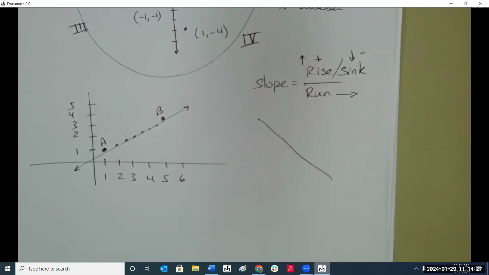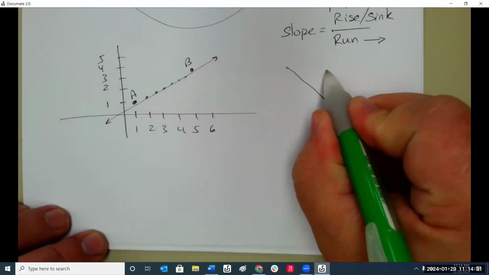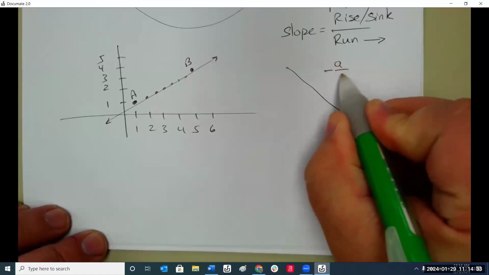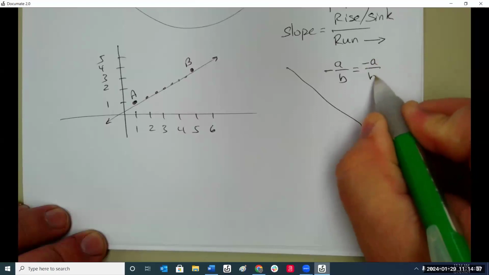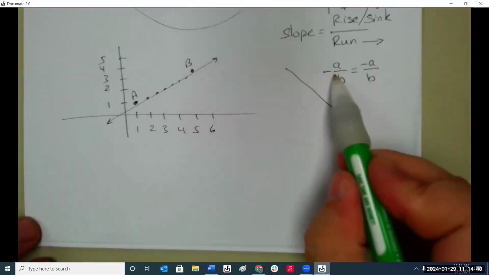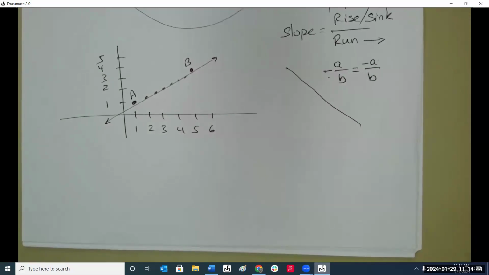Why is that? When you have a fraction, the negative can either be in front or on top. Why is the negative never on the bottom?